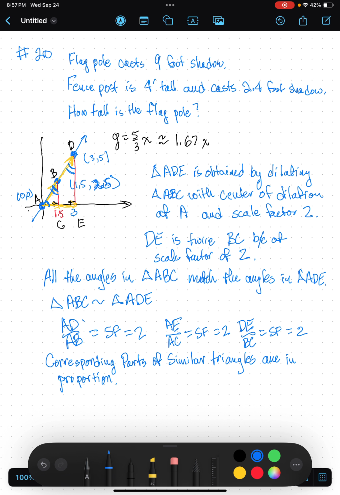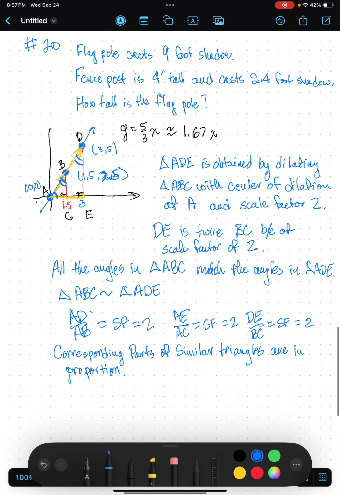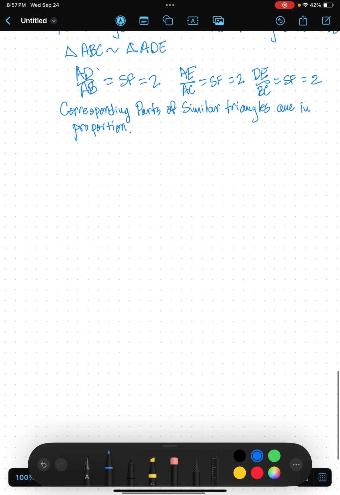Okay, that was a really, really important thing for us to understand about the situation that we have. So let's do something that is a really, really good idea on any question that asks about measurements in the real world, where they haven't given us a drawing to work with.